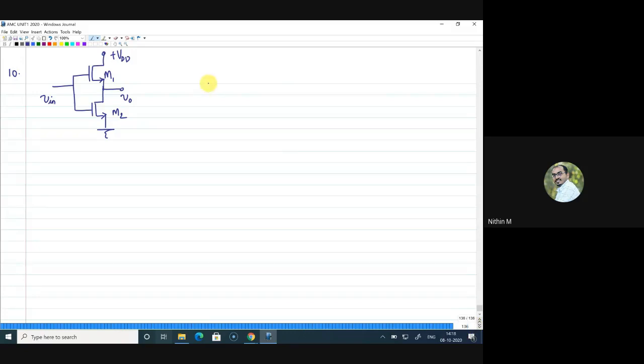In the same way, I'll consider this as V in and V out. One thing you can observe here: when you draw the small signal equivalent, this node will actually go to ground. But tell me what is VGS1 and VGS2? I'll consider this as M2 and this as M1.